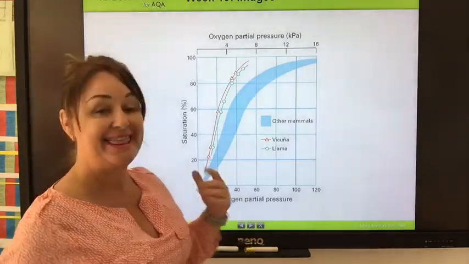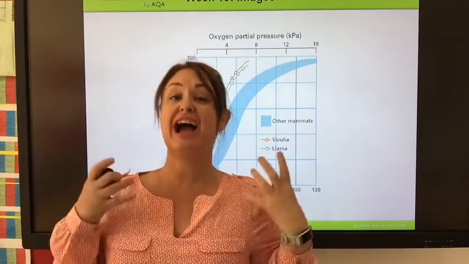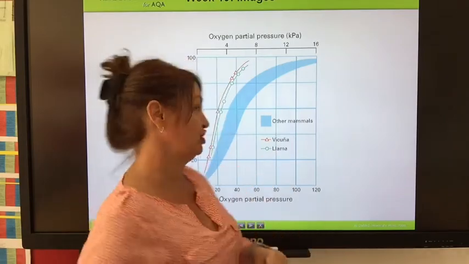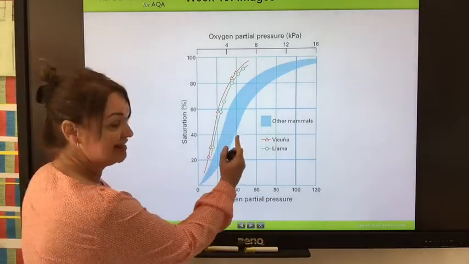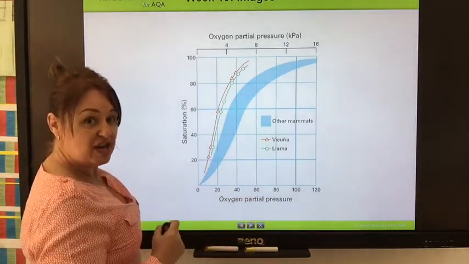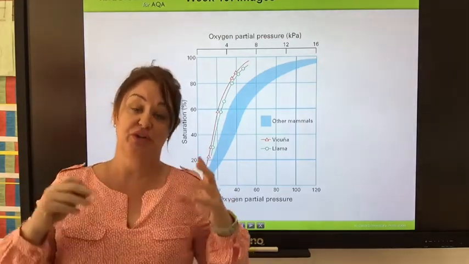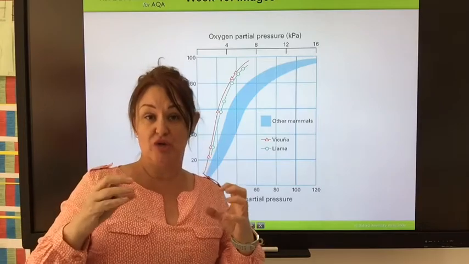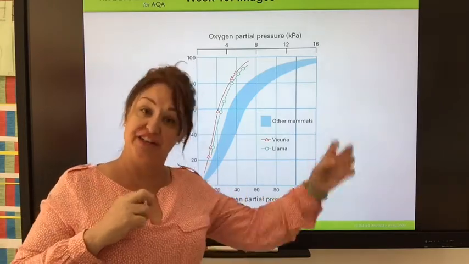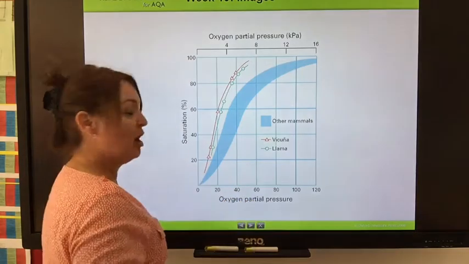They live at high altitudes, so we need them to have a really high affinity for oxygen, and you can see that has shifted the curve to the left. Carbon dioxide shifted it to the right, but when you're living at high altitude, you want your haemoglobin to have a high affinity for oxygen, to grab onto it at low partial pressures.